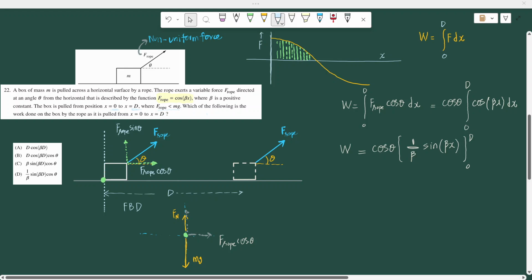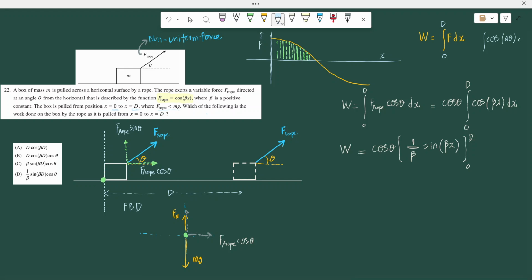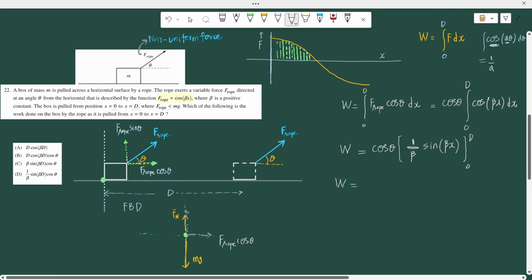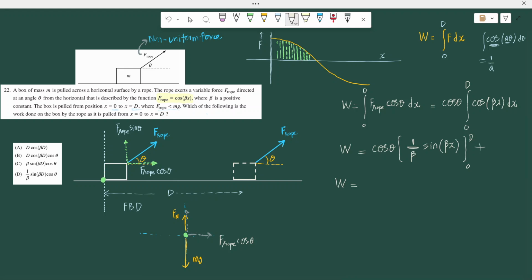So, dear students, I have written this equation according to the rule that whenever we take an integration of cos, for example cos of beta x, and you are integrating with respect to x, then whatever the coefficient is inside, that is always divided. And the integral of cos is sine, so that's how we have written this. Okay. So now we are going to substitute the values. So this is our definite integral. We know the lower and upper limit. That's why we have not added any constant.